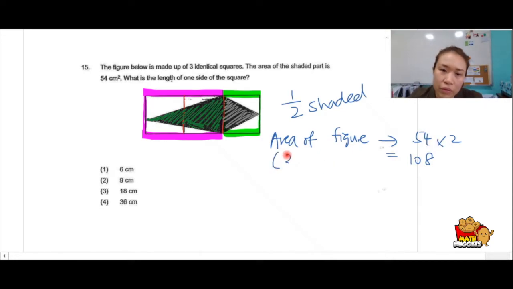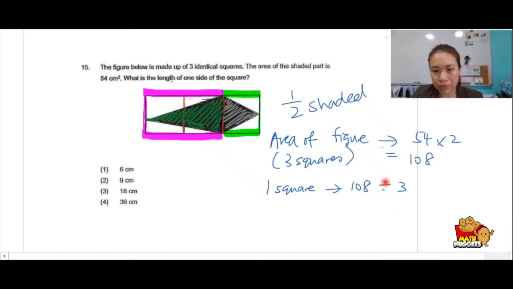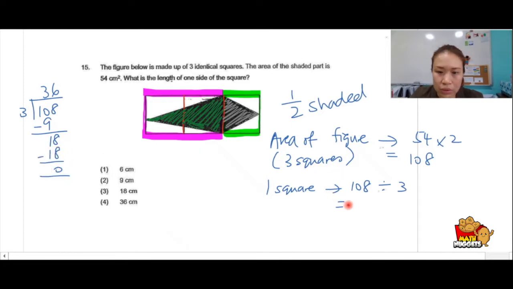And this is made up of 3 squares. Okay, so now we need to find the area of one square, which is 108 divided by 3, which is 36. So what's the length of one side of the square? Now we take 36 and we square root. So the square root of 36 is 6. Option 1.